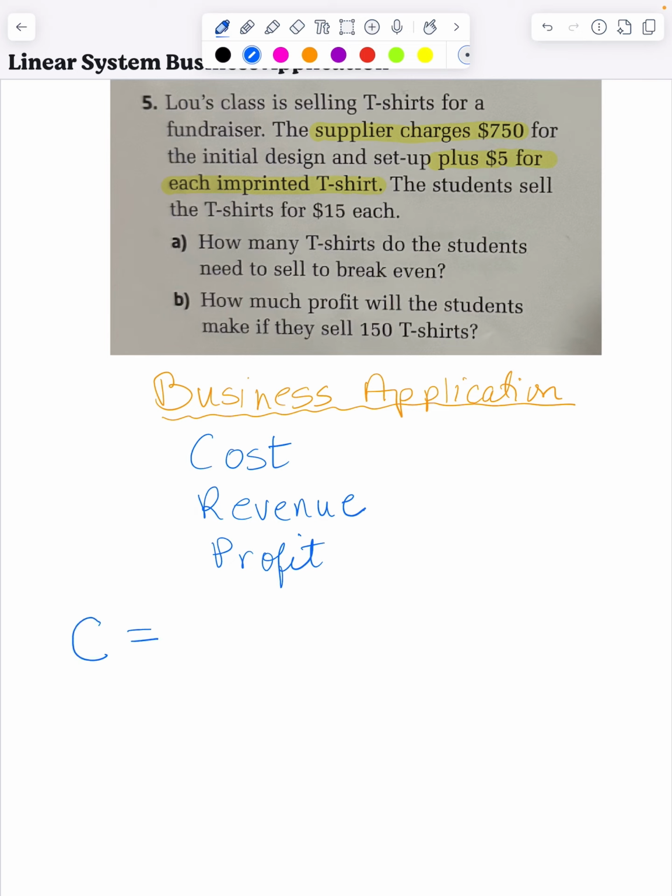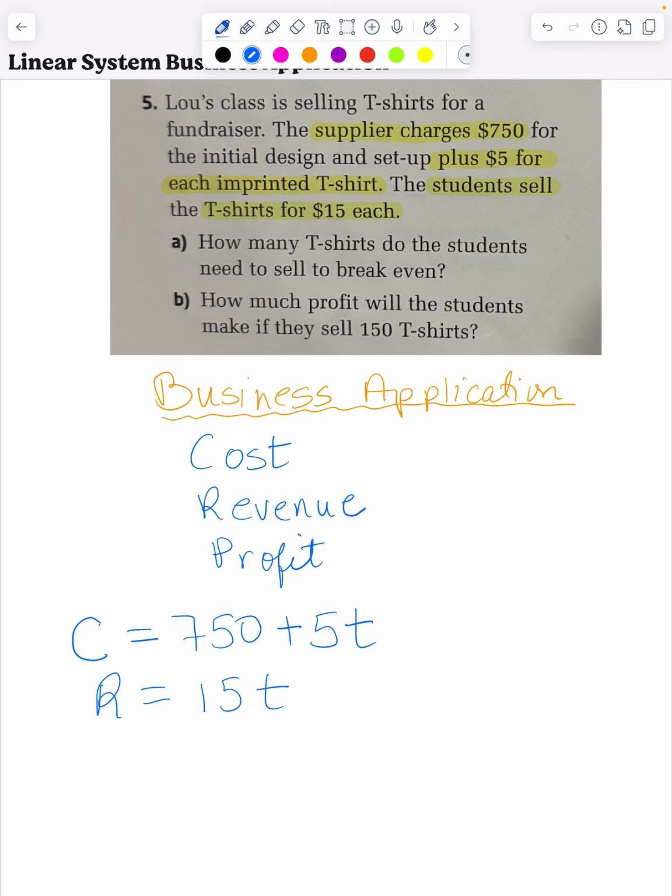So your cost function is $750 plus $5 for each t-shirt. Then when we look at the second part of this question, the students sell the t-shirts for $15 each. This is your revenue function, and the revenue is $15 per t-shirt.